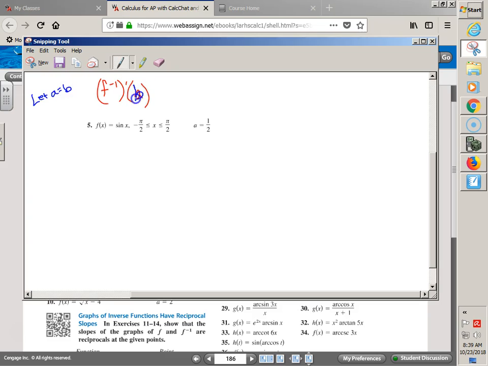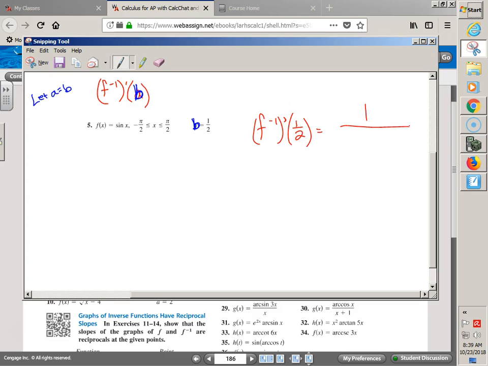Whenever it's an inverse, I want you to be thinking of that. But either way, no big deal. We got this.